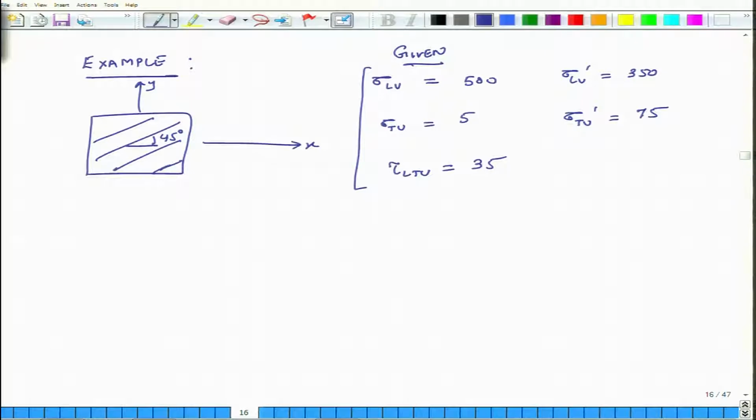And then the question is, at what value of tau xy will the composite fail?